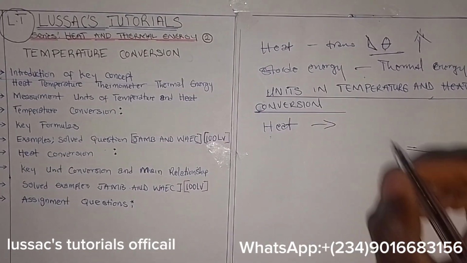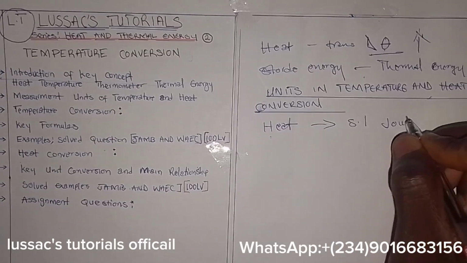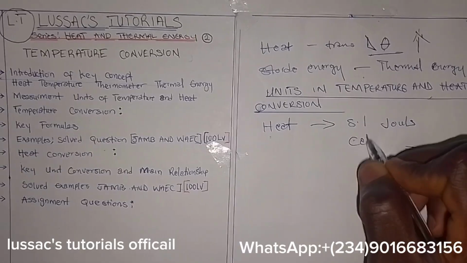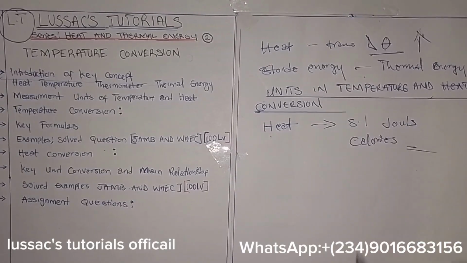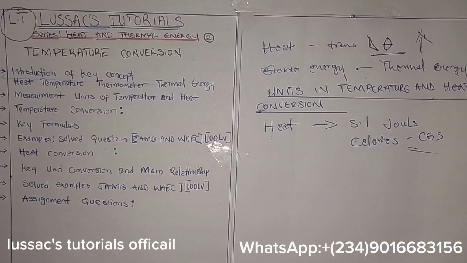Heat has the SI unit, which is in joules. Now, heat also has another unit, which is what? Calories. And this calorie is a CGS unit, right? So let's take note. So we are going to, let's forget about the FPS. We are not here for that.